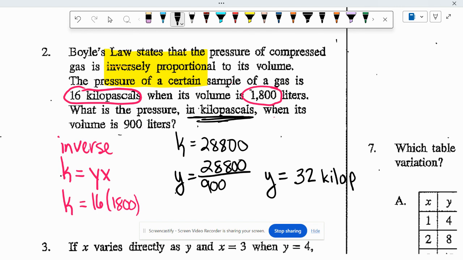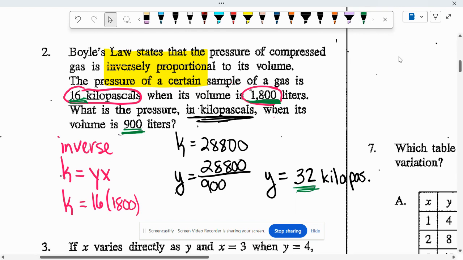Do you see that? So it's 32 kilopascals. It varies inversely. Let's see. x was 1800 and y was 16. When x drops to 900, gets smaller, y gets bigger. Okay.